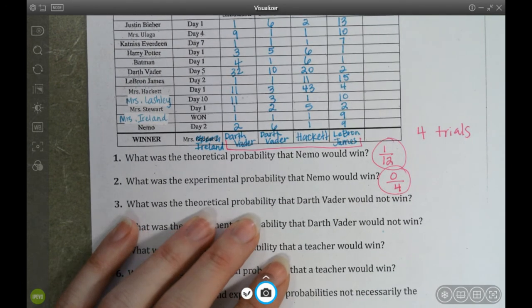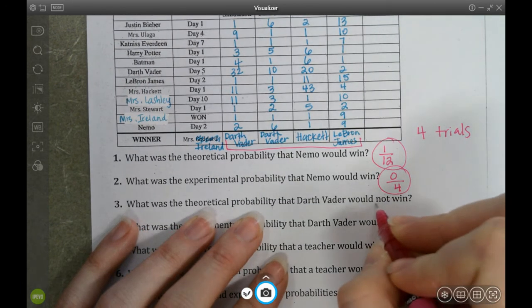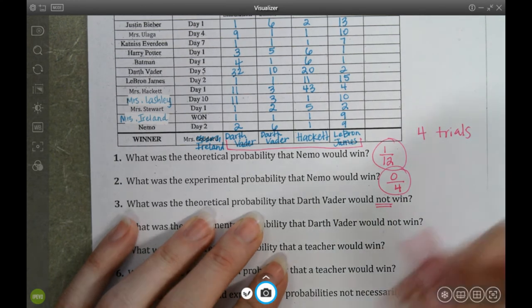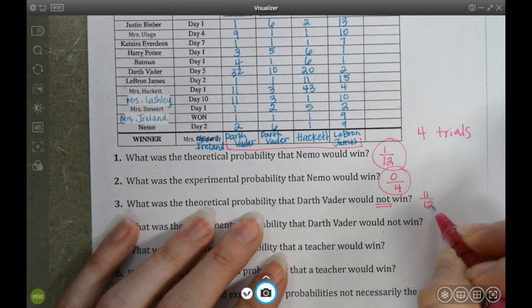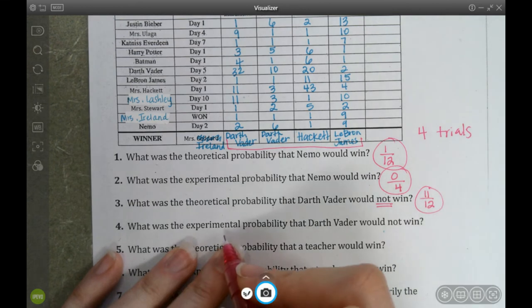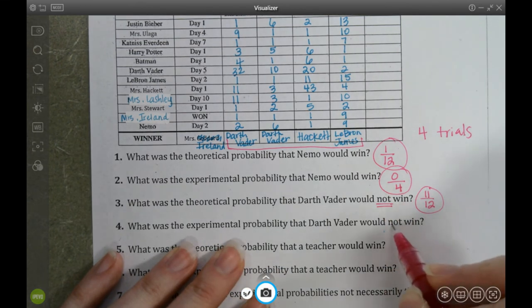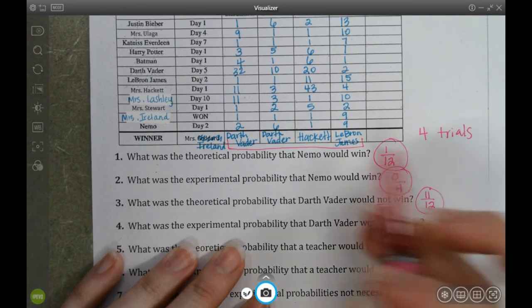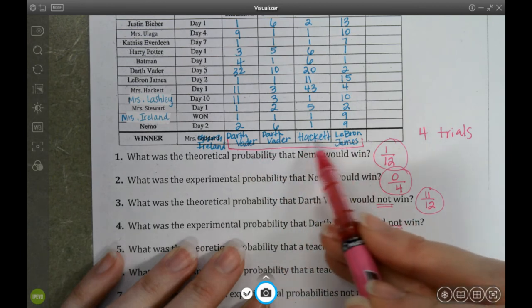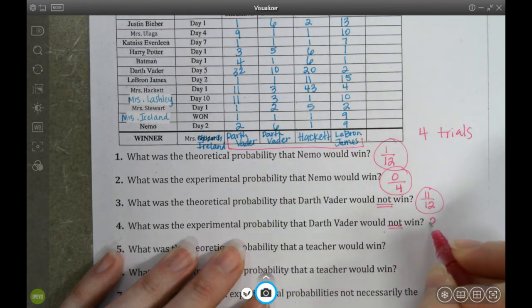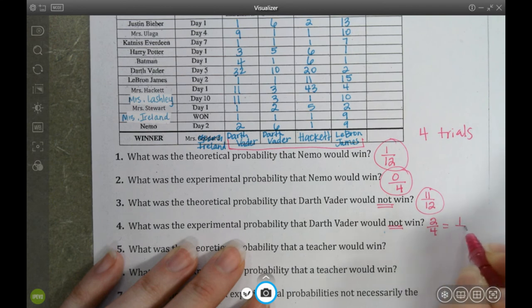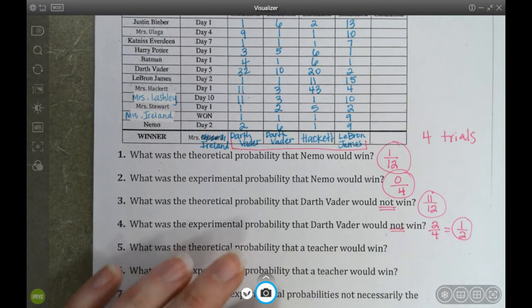What was the theoretical probability that Darth Vader would not win? 11 out of 12. What was the experimental probability that Darth Vader would not win? 2 out of 4, because there were only twice when he did not win, which simplifies to 1/2.